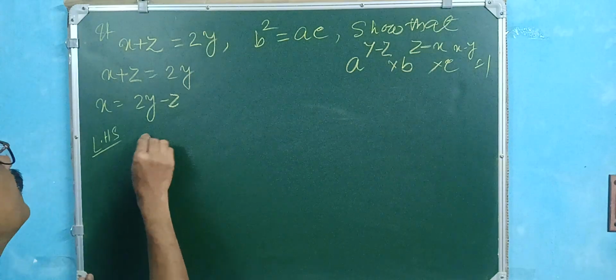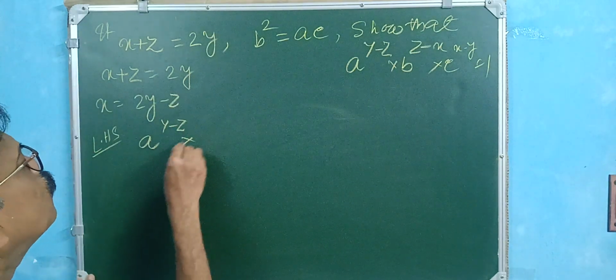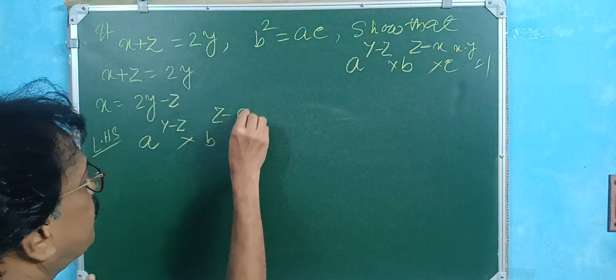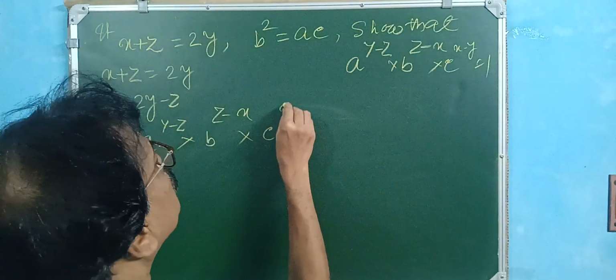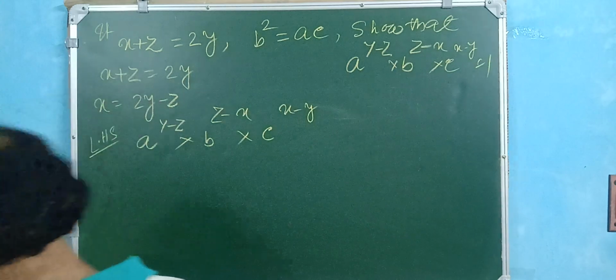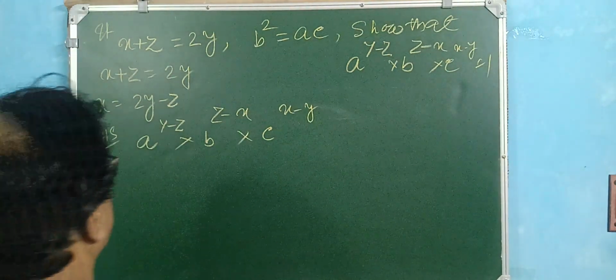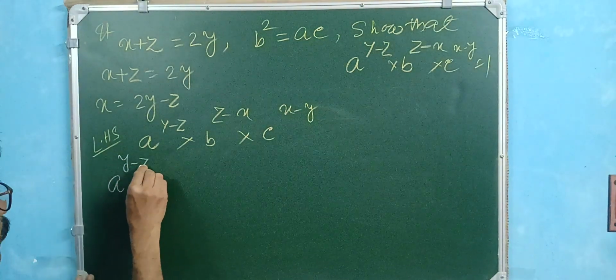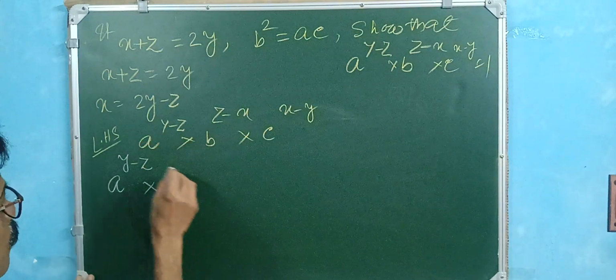You just copy a to the power y minus z into b to the power z minus x into c to the power x minus y. No problem. Okay, clear? So you write a to the power y minus z, b to the power z.